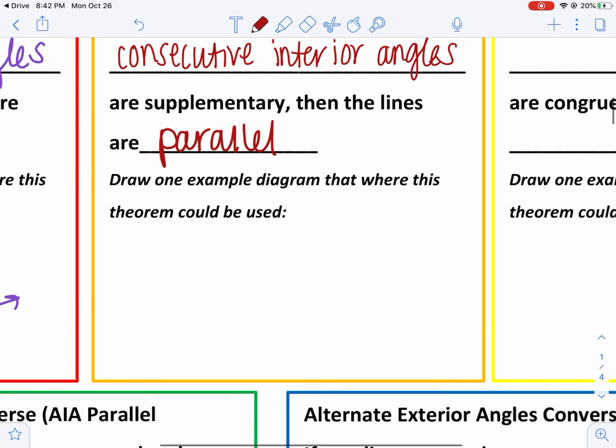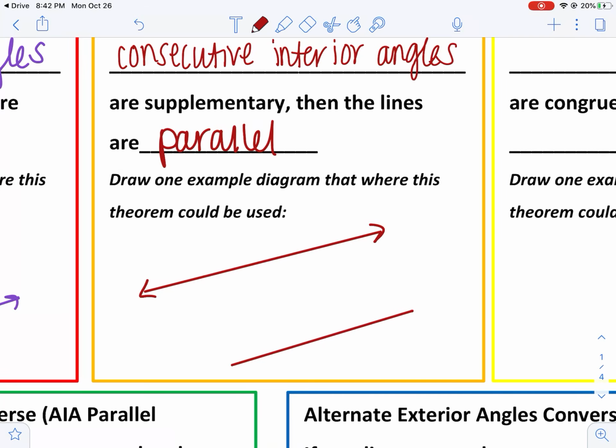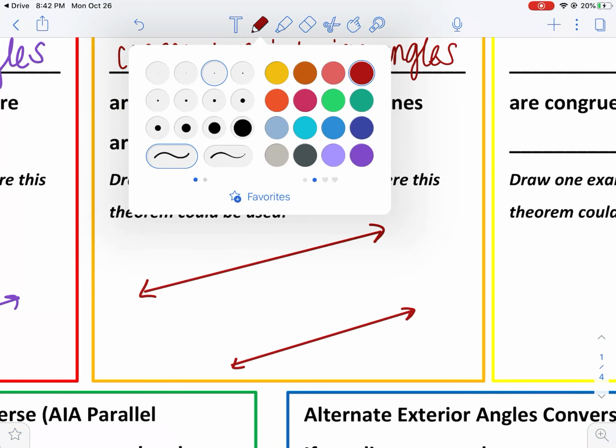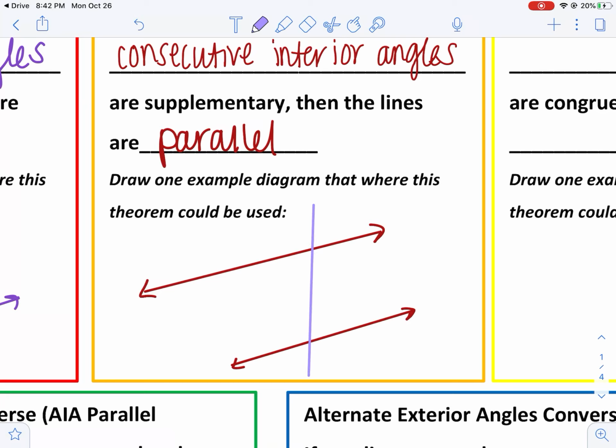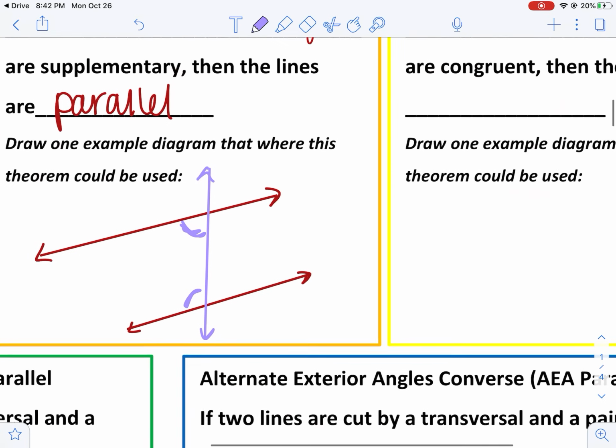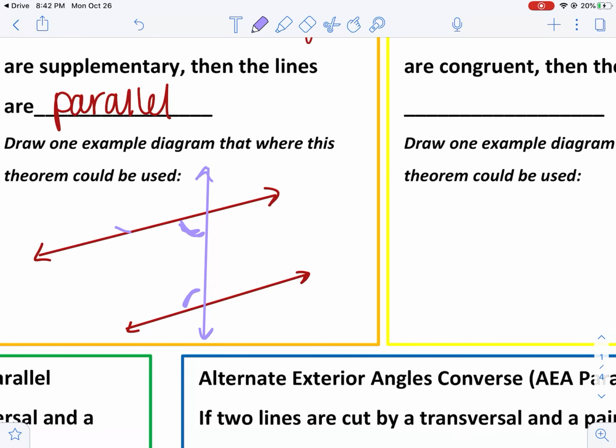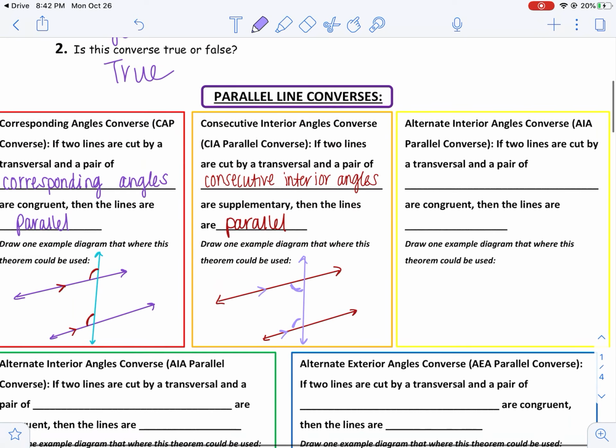So, same thing. I've got some lines that we're trying to prove are parallel. Well, I can prove they're parallel as long as I know that this angle here and this angle add to be 180. If I know that for sure, I know that they're parallel, okay?